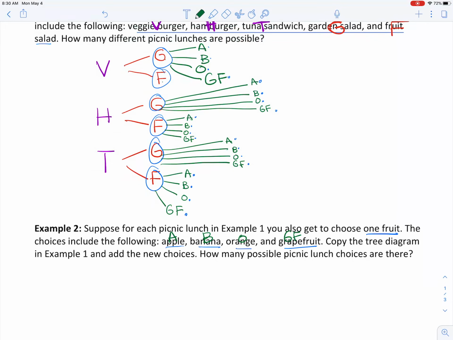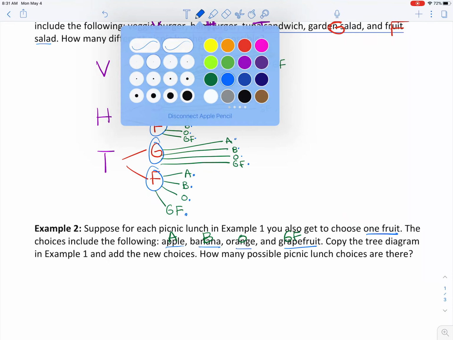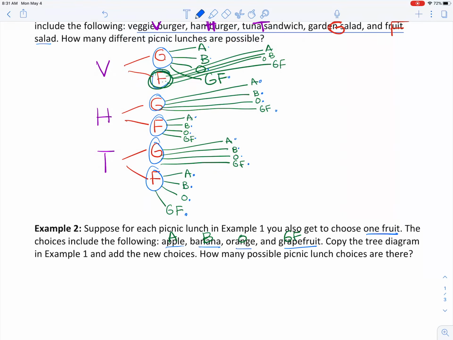Excuse me. So sometimes everybody makes mistakes, right? I had missed one of the ones back here, all the way over here. I had missed putting the possibilities for that veggie burger with a fruit salad and those choices. So I actually have 4 more choices, and yeah, my diagram is not very nice here. It's way too cramped. So we have an apple, banana, orange, and grapefruit for over here too.